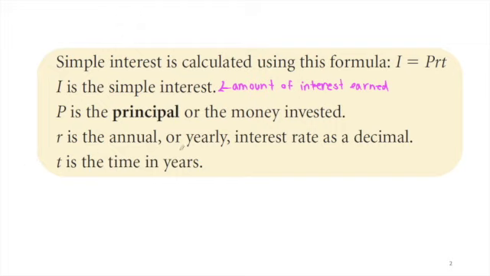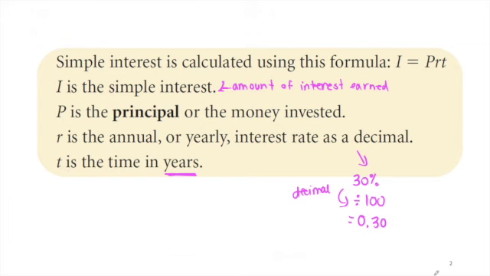R is the annual or yearly interest rate as a decimal. Remember, so if you're given 30% of something, to make it a decimal, you're going to divide by 100, which would be 0.30. So you're going to put that into the formula. You don't put 30 as a whole number in. And then T is your time in years, specifically years.